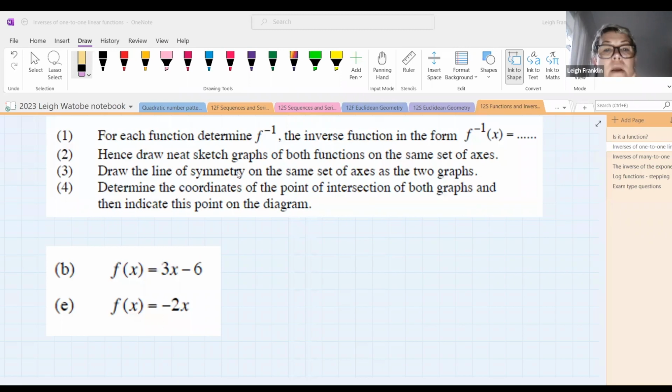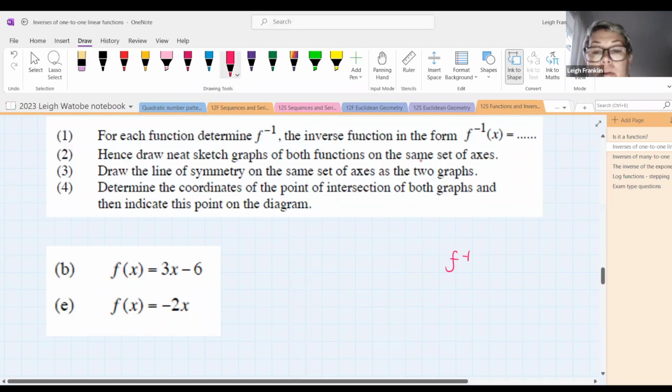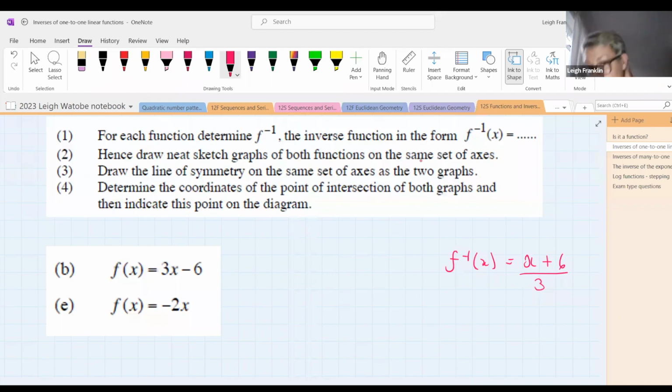Okay, so Alungile and Nosipo. Nosipo, you have shared with us f minus 1 of x is equal to x plus 6 over 3.